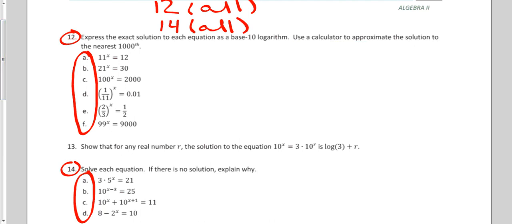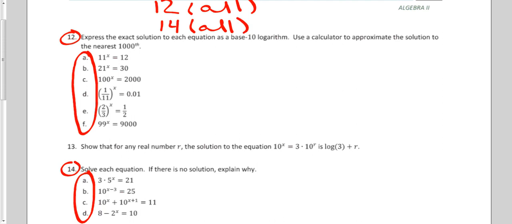So let's think about this. I got 11 to a power gets me 12. What power do I take 11 to? The x power? That's the whole thing about finding the solution, right? I got to find x. So how do I undo 11 to the x? I take a log, but log base what?